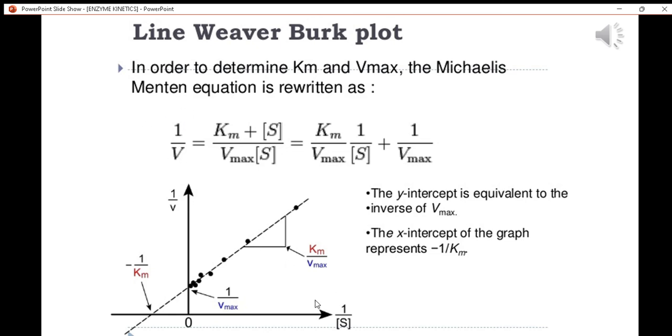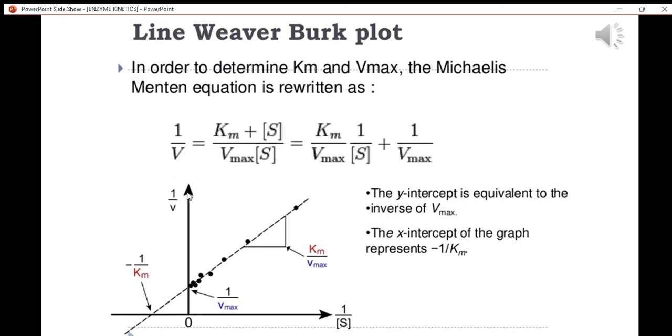Here on the x-axis you can see 1/S, which means reciprocal of the substrate concentration. On the y-axis you can see 1/V, which means reciprocal of the velocity values we obtained earlier. And we get a plot.